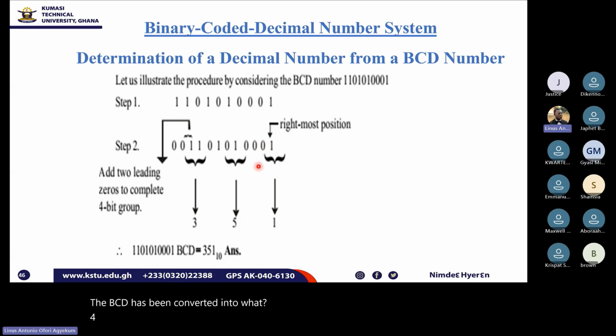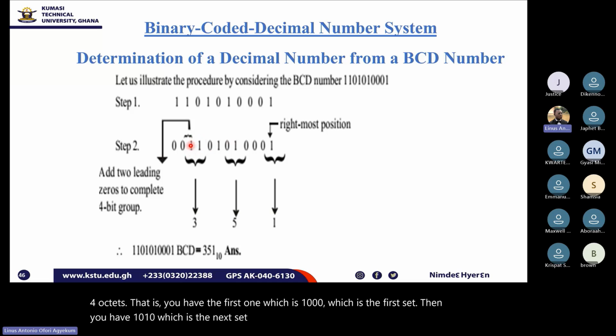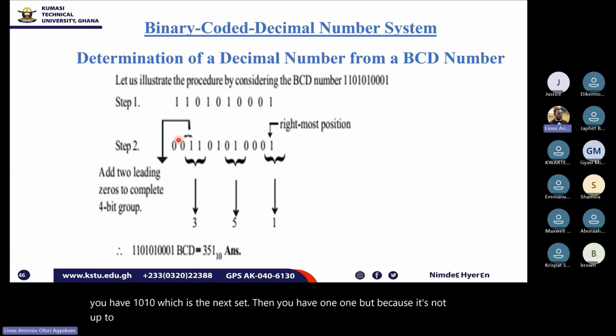That is, you have the first one, which is 1000, which is the first set. Then you have 1010, which is the next set. Then you have 11. But because it's not up to 4, 2 zeros have been added.